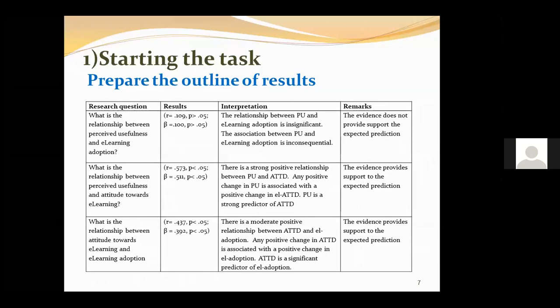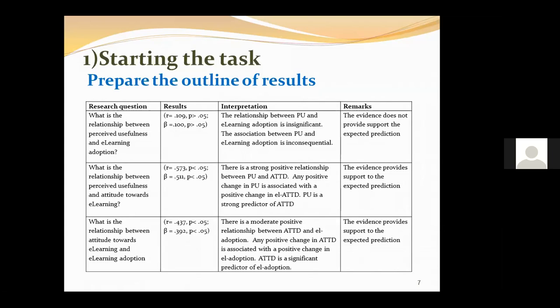For instance, the first research question is, what is the relationship between perceived usefulness and e-learning adoption? Those are the results. You can see the p-values are greater. So the interpretation there is the relationship between perceived usefulness and e-learning adoption is insignificant. The association between perceived usefulness and e-learning adoption is inconsequential. So what are your remarks?